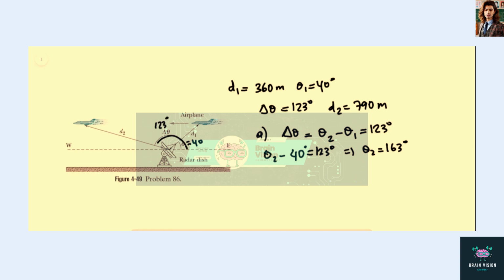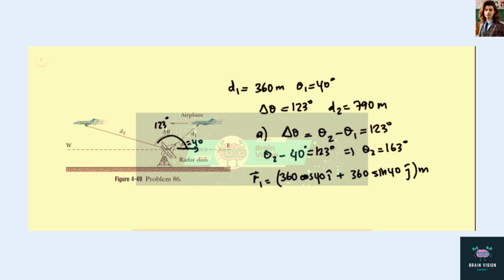Okay. Now we're writing the first displacement vector, right? This vector that is labeled as D1, whose length is labeled as D1. So R1 is going to be equal to D1 times cosine of this 40 degree angle. So it's 360 times cosine of 40 i hat, plus 360 times sine of 40 j hat.